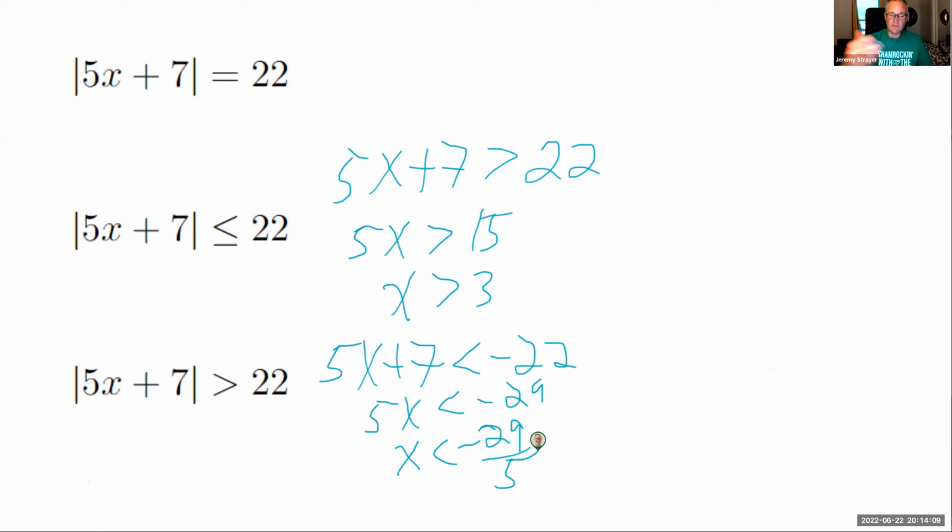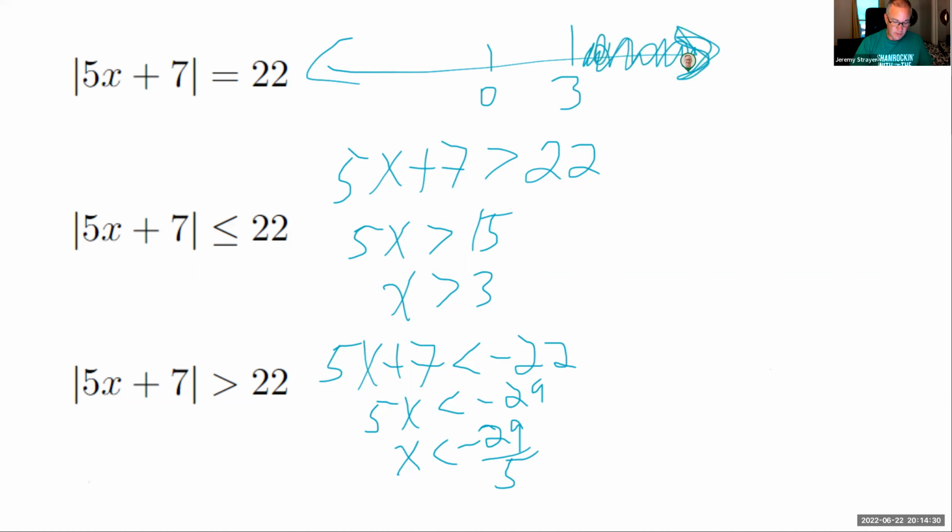So the solution is either x is greater than 3 or x is less than negative 29 over 5. We can depict that on a graph, of course. 0 here, 3 here, and anything bigger than 3. And question, should we fill this in with an open or a closed circle?